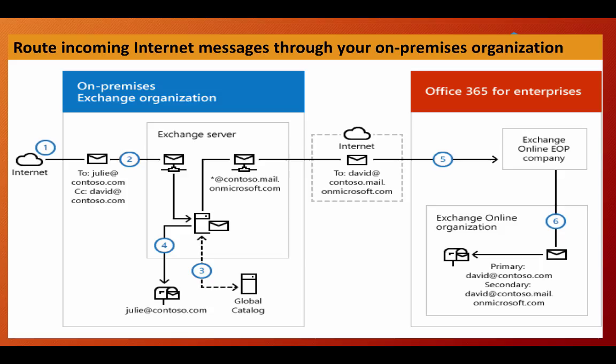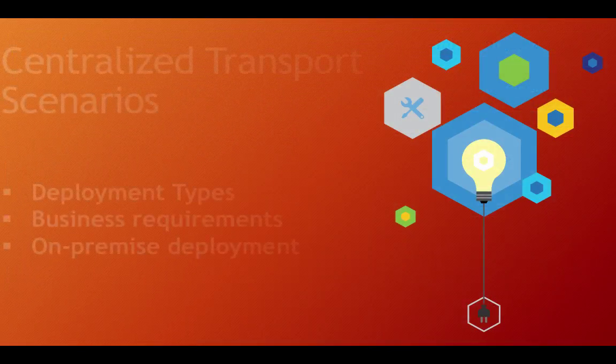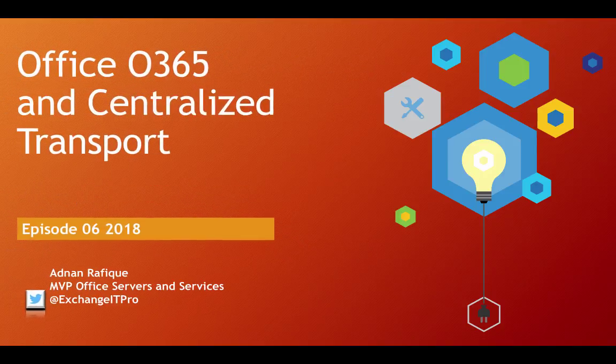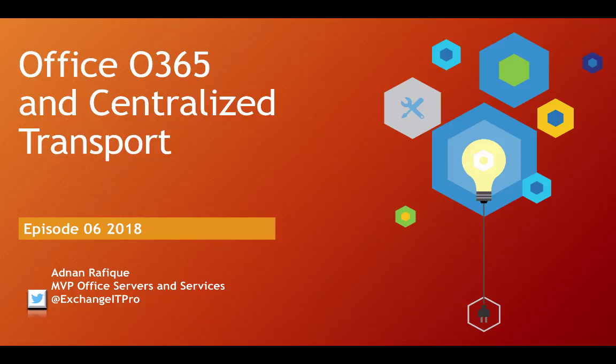And then there are more reasons why you want to have it, or what the business requirements are, as I mentioned, because if you have your on-premises DLP policies, your on-premise whitelist of domains, anything that you manage, everything is still on premises, so you can enforce your company's policies when you have centralized transport configured this way.